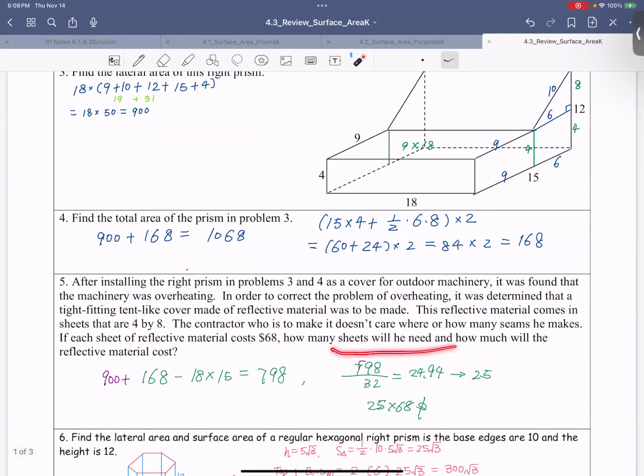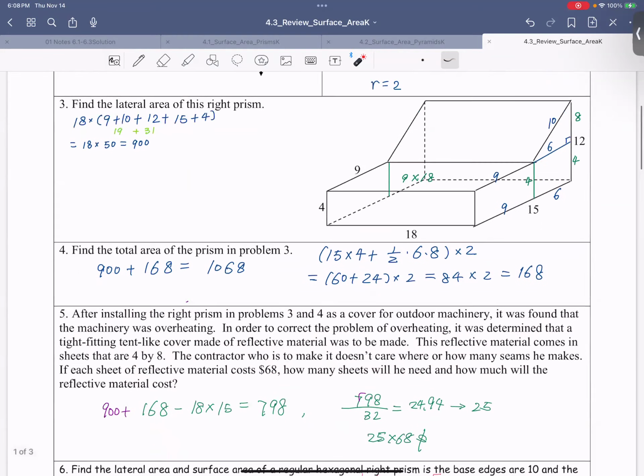So let's see. They want to cover which part? After installing this as outdoor machinery, it is overheating. So they want to correct it by using some material.